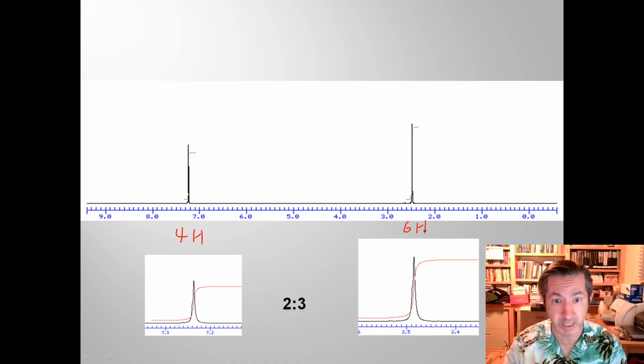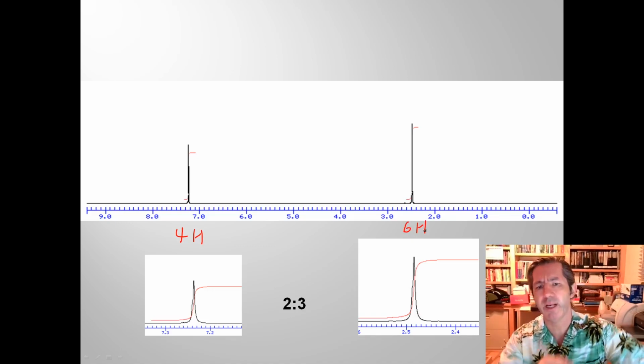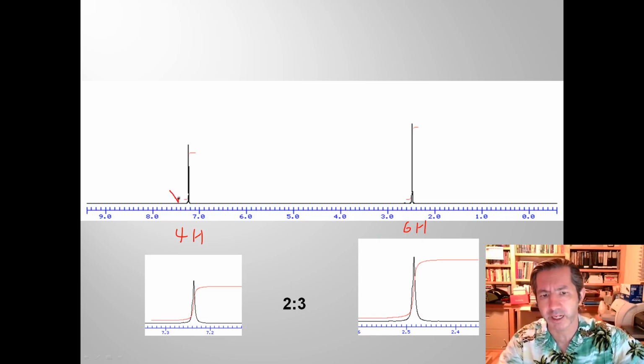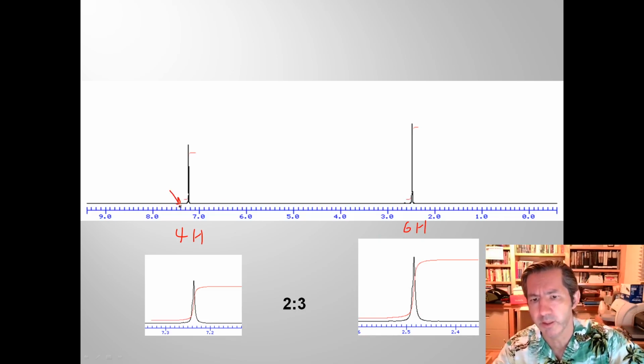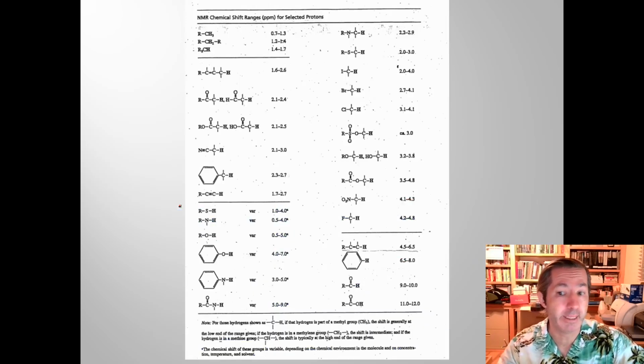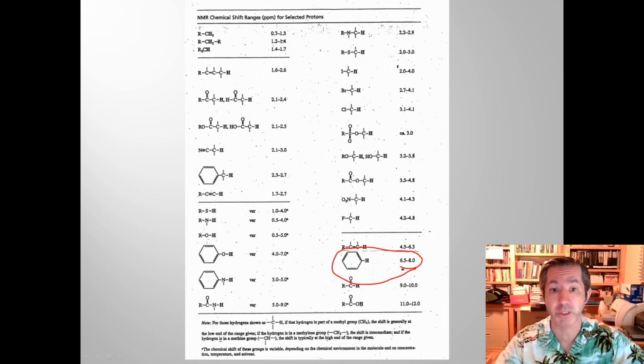That's useful information. Then we say, hey, wait a minute, I've seen stuff showing up right here. That's between 7 and 8 parts per million. Let's take a look at our handy correlation table. 7 and 8 parts per million. That's where aromatic hydrogens show up.